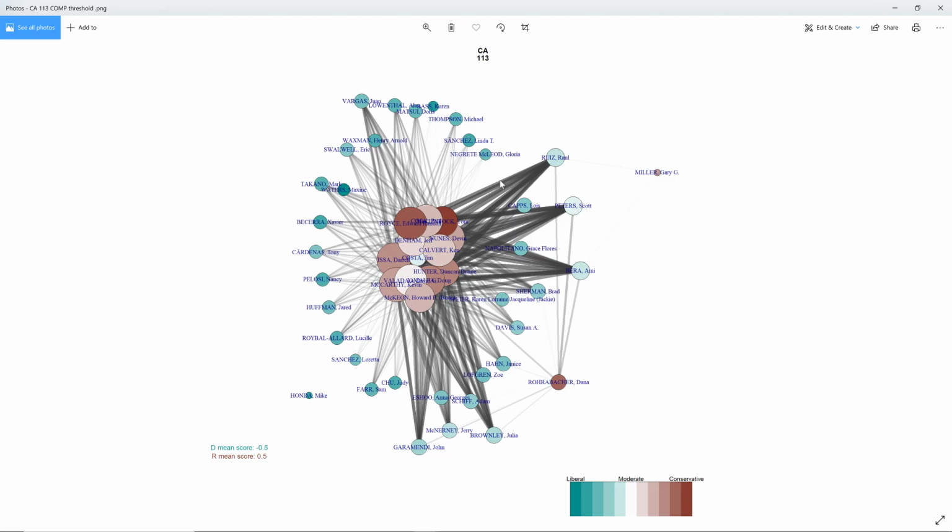So just off the bat, what we can see is in any state that has a majority, like this, we're looking at California, the 113th Congress. California has a majority of Democrats. So the minority is pretty much always in the center, and they'll have the larger nodes.